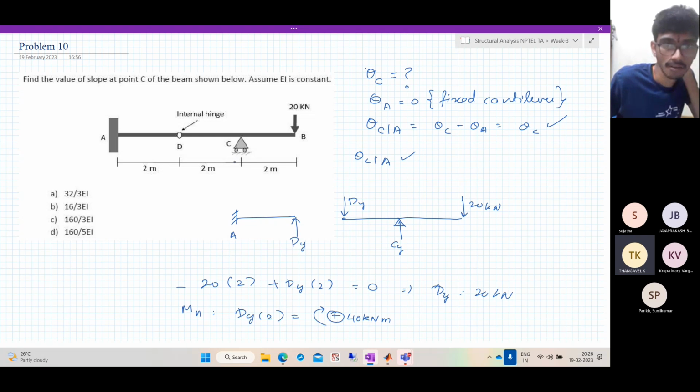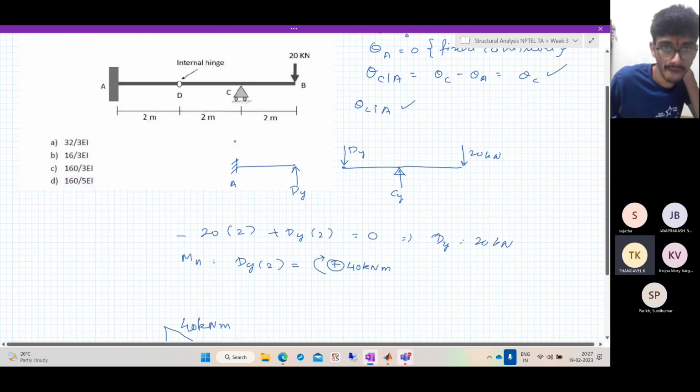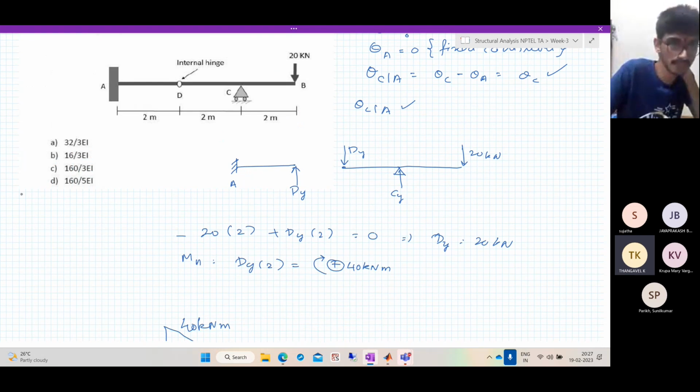We take moments about the point C. So let us see if it is in equilibrium. So the beam is like this. Here it is 20. Here there's an internal hinge. This is 40. And this is 20.